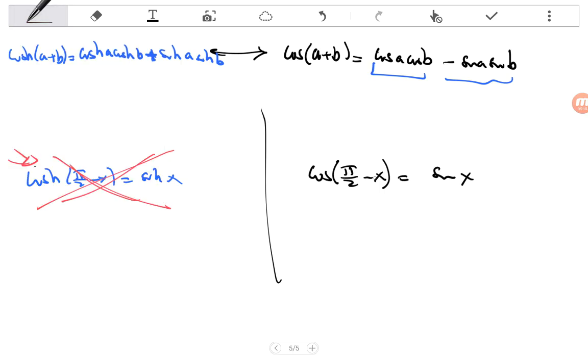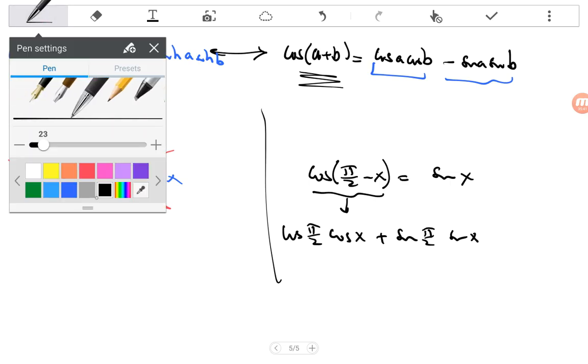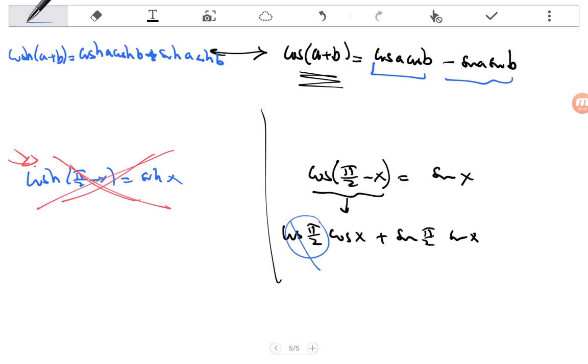Because this rule just comes from this rule. If you expand that side, what would it give us? It would just give us cosine pi over 2 cosine x plus sine pi over 2 sine x. And it just happened that cosine pi over 2 is 0 and sine pi over 2 is 1.